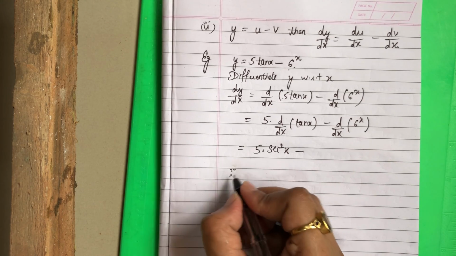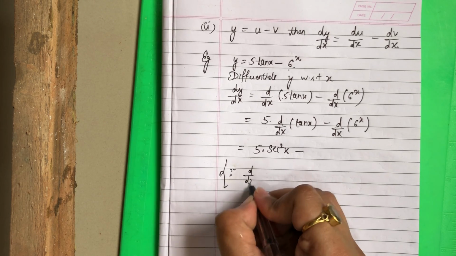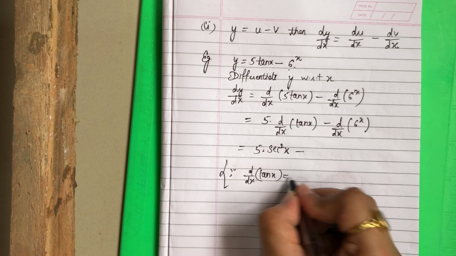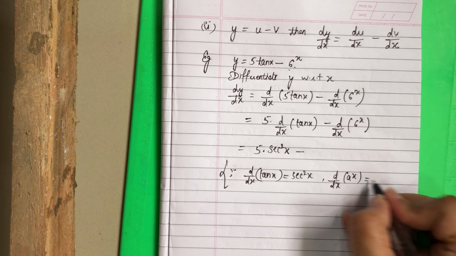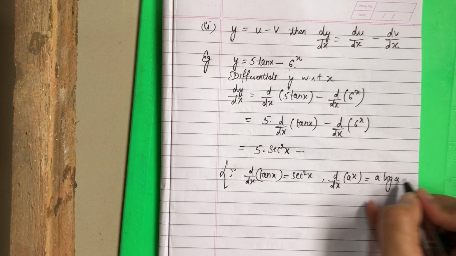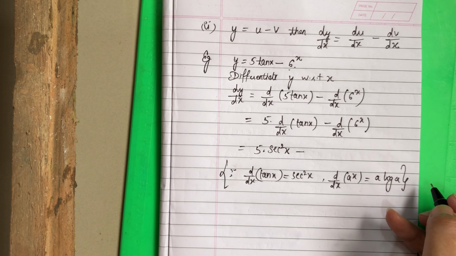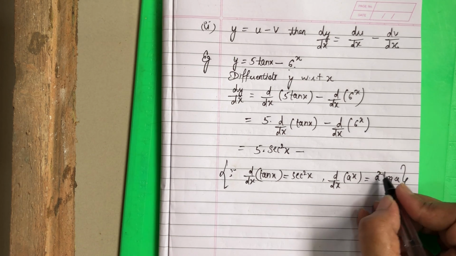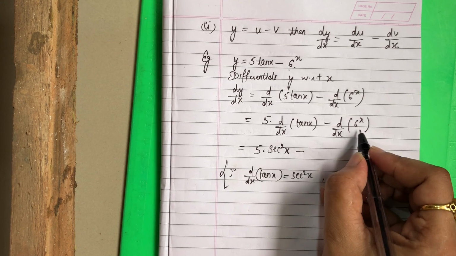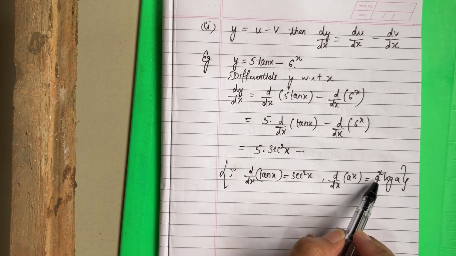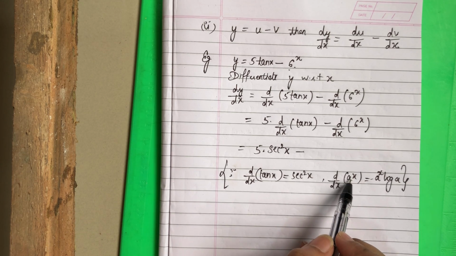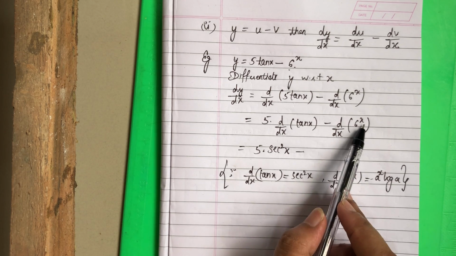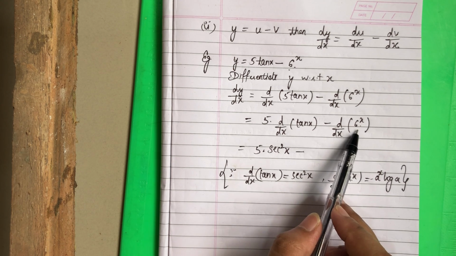The formula I am writing here just for your knowledge, d by dx of tan x is sec square x and d by dx of a raised to the power x is a raised to the power x log a. So d by dx of 6 raised to the power x is, by comparing with this formula, the value of a is 6.